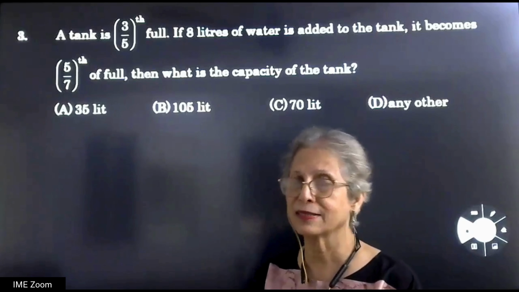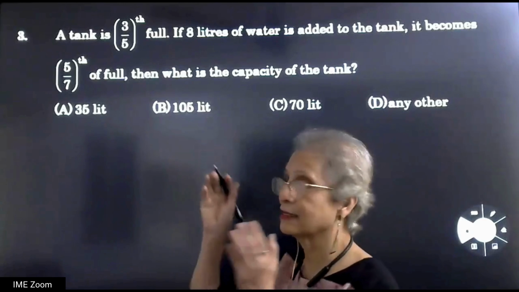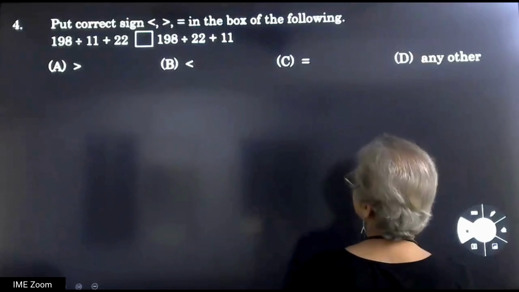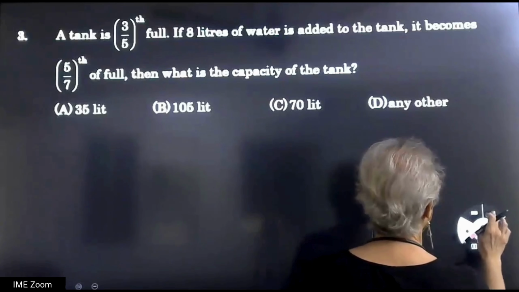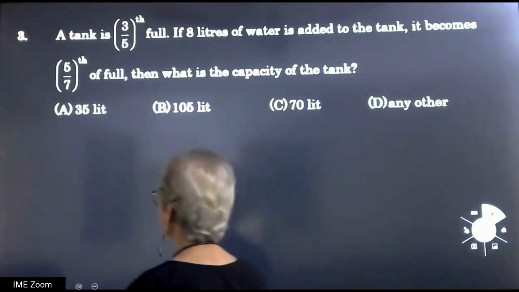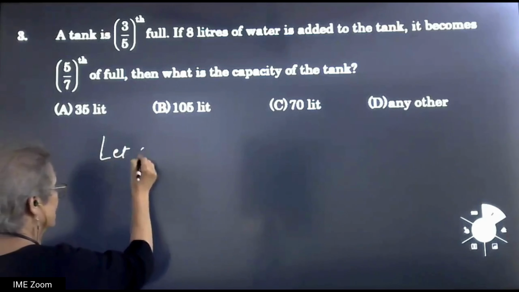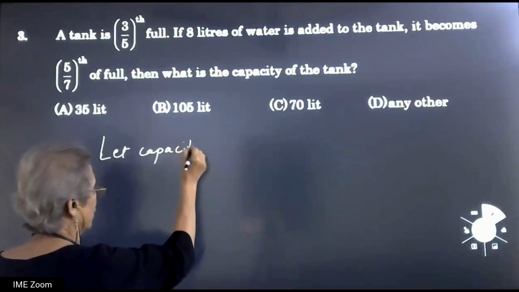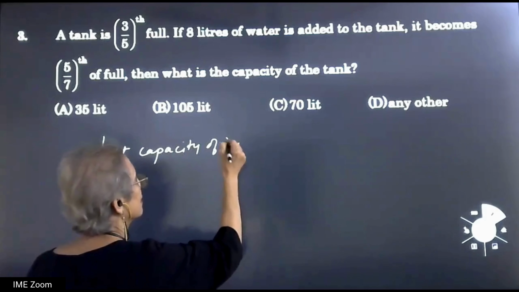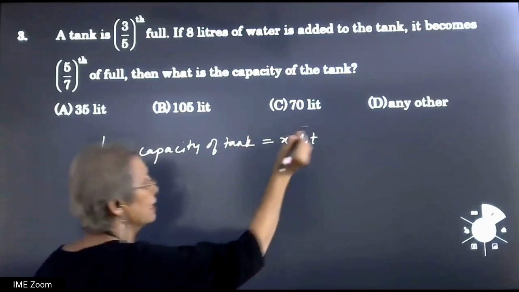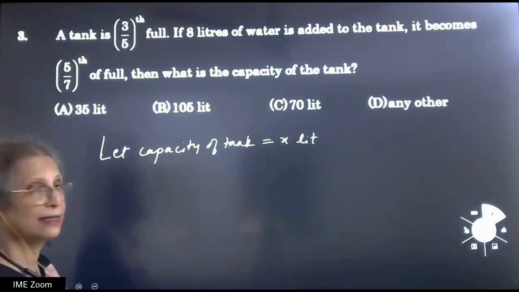So let us consider that the capacity of that tank is X liters, because all the answers are in liters, so we will consider this as a liter.